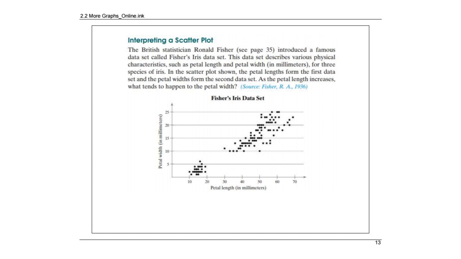And so the longer the petal grows, the wider it gets. Makes sense. And that's all because the trend is heading up. So that means that the longer the petal length, the wider the petal is.